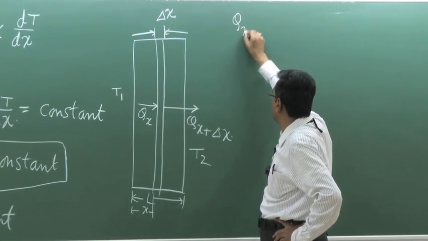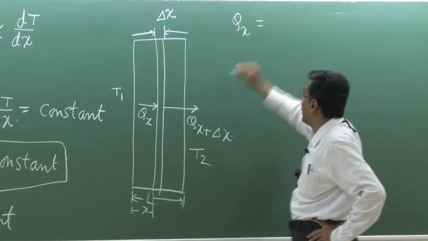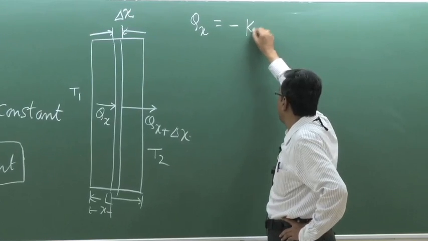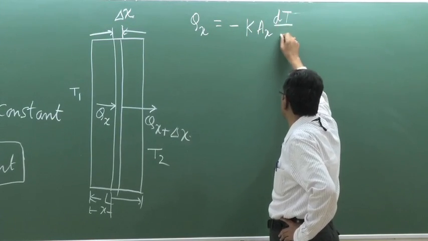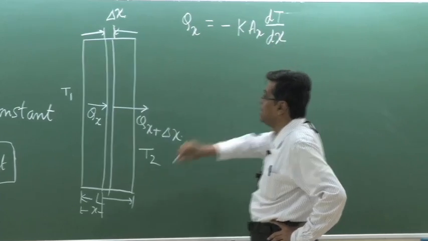Qx in a more elaborate way is nothing but minus k Ax dT/dx, because T is not a function of y, T is a function of x.